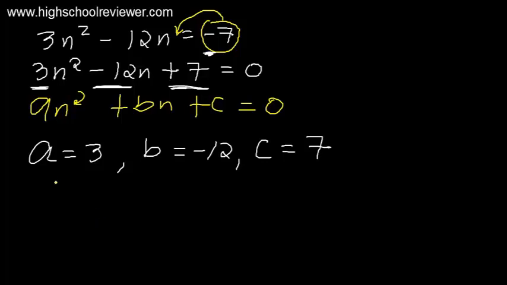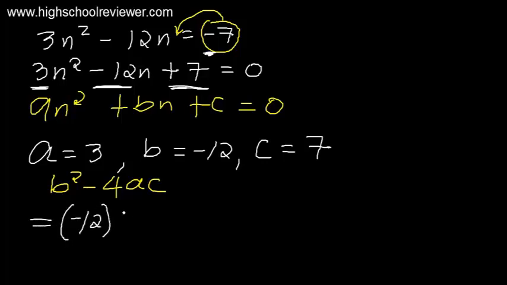So the equation of our discriminant is b squared minus 4ac. So let us now substitute the values of a, b, and c. Our b here is negative 12 raised to the power of 2 minus 4 multiplied by a, which is 3, multiplied by c, which is 7.